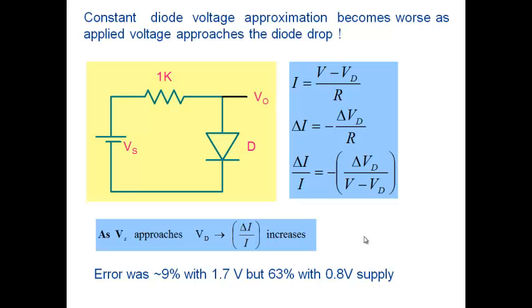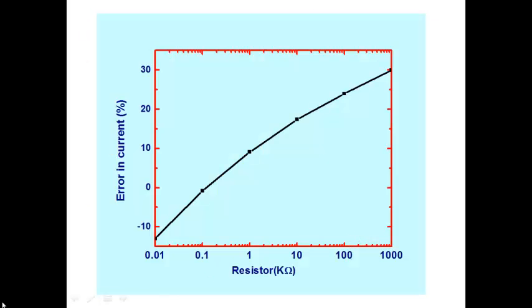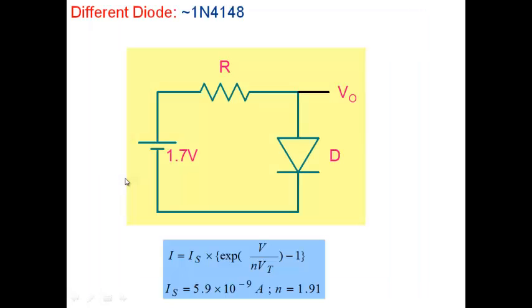Coming back, as I've said earlier, and we discussed in the homework assignment also, the error in the diode model that we have translates into an error in current. So many times you're not really interested in how accurate the diode model is, because you're using the diode model to calculate some current or power or whatever. You're interested in how accurate the current calculation is, or how accurate the power calculation is.